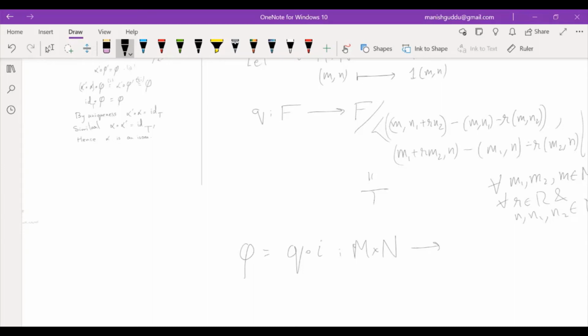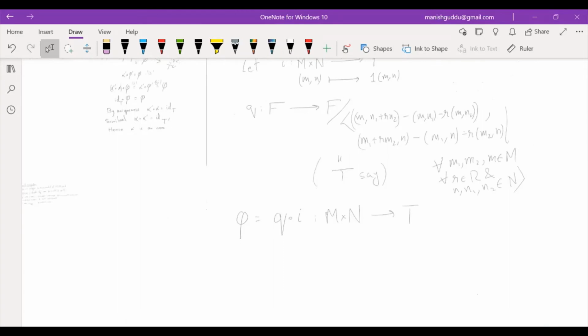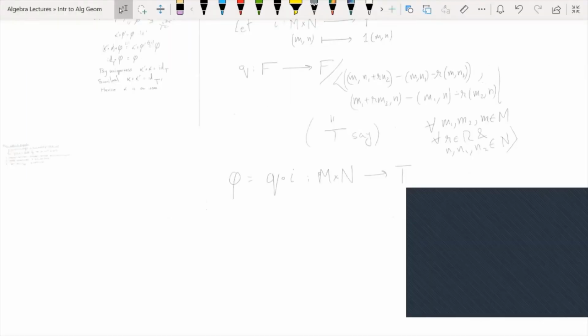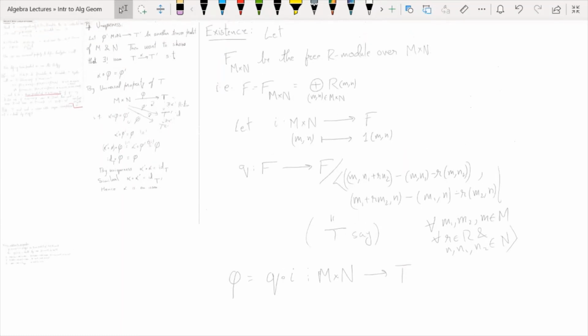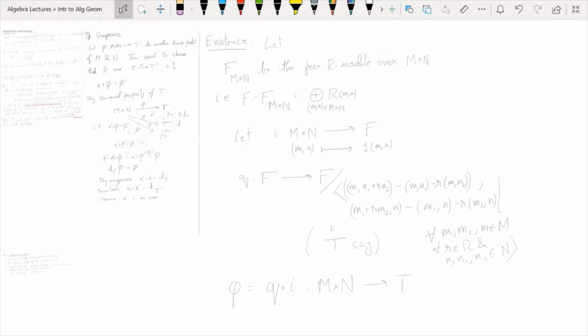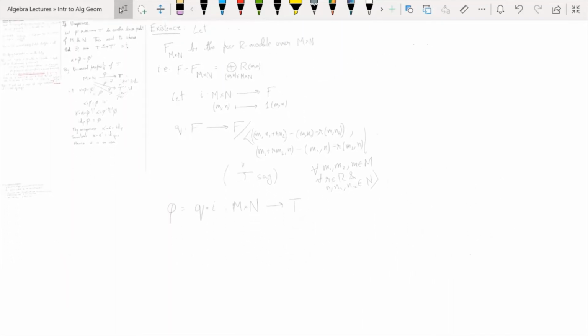So call it T. So this is the tensor product of M and N. This we will show has the universal property of the tensor product.